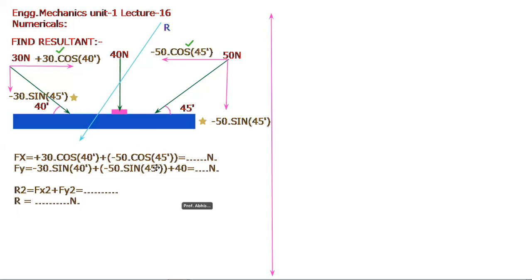After finding out the answer for the resultant, you are also able to find the alpha. Alpha is what? Alpha is the angle made by resultant with horizontal x-axis.